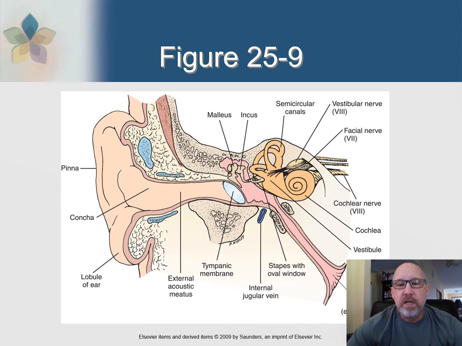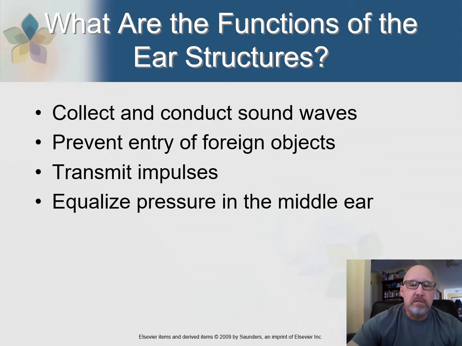Those vibrations are transferred to the semicircular canal, where the vestibular nerve, the cochlear nerve, and of course the auditory nerve collect the vibrations and move them on. And that movement and those vibrations are then sensed, and your body interprets them as sound and balance for coordination. That's why if you get an ear infection, your balance gets thrown off.